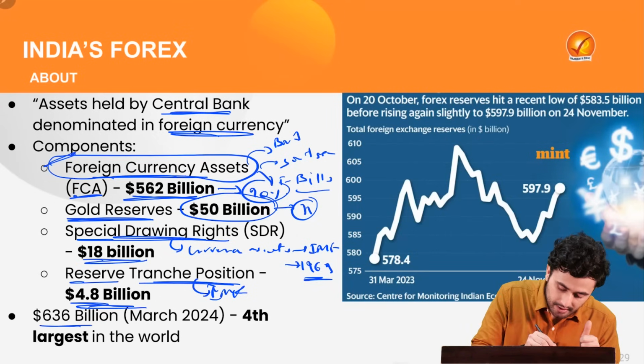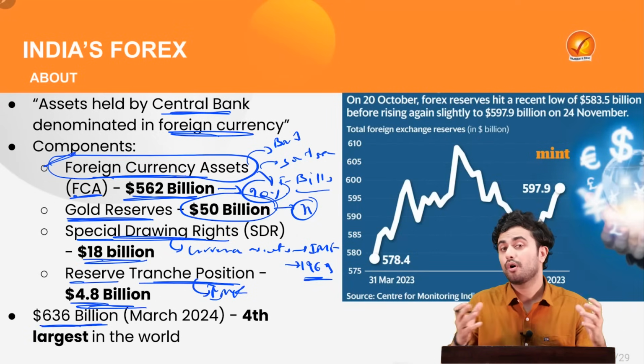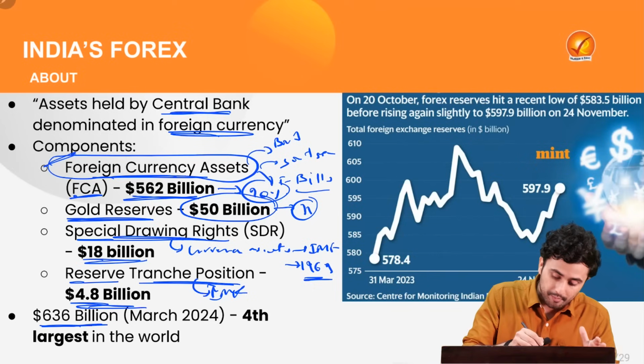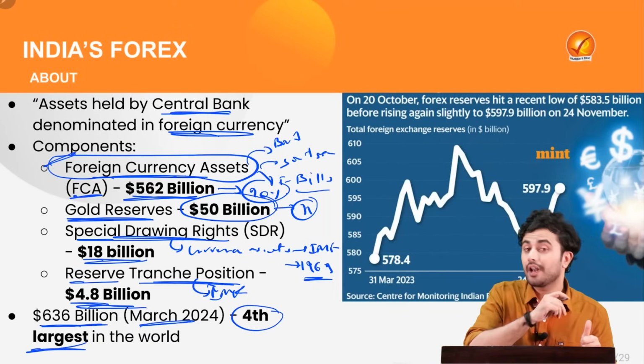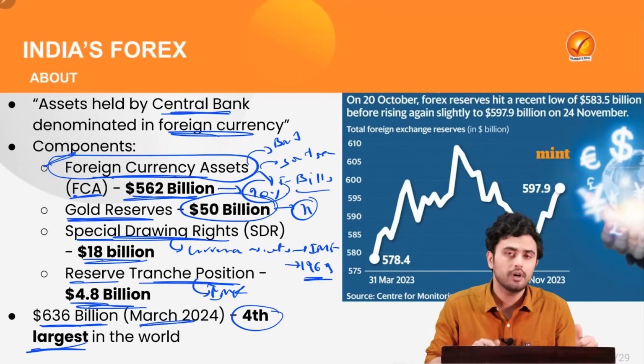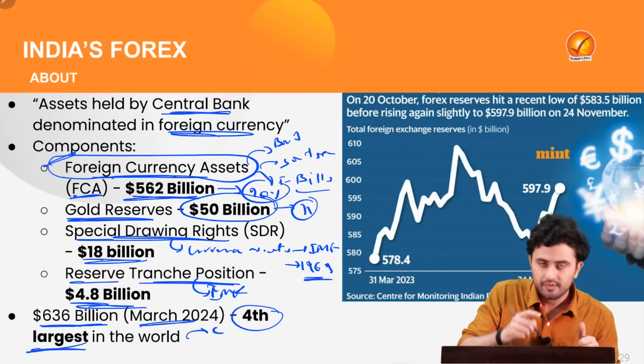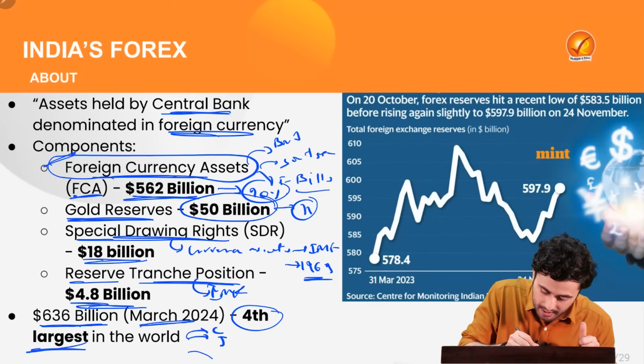Thus, with $636 billion of foreign exchange reserves by March 2024, India currently has the fourth largest foreign exchange reserves in the world after China, which has the largest, then Japan, and then finally Switzerland.